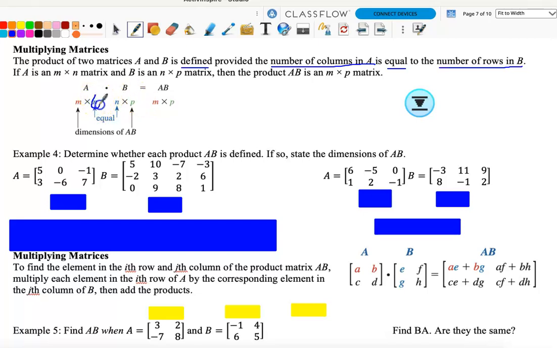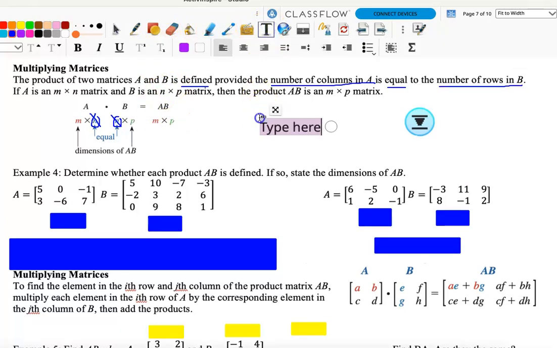If these two numbers are equal, that is the only time you're allowed to multiply the matrices. If that is true, they kind of cancel out, and your answer results in the m by p matrix.